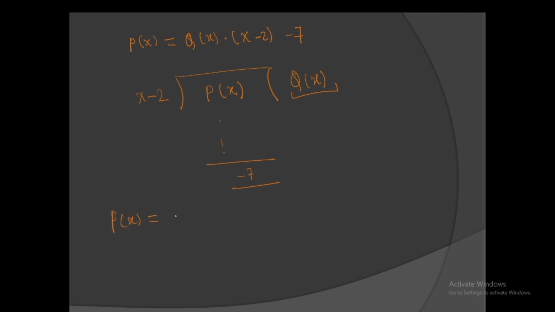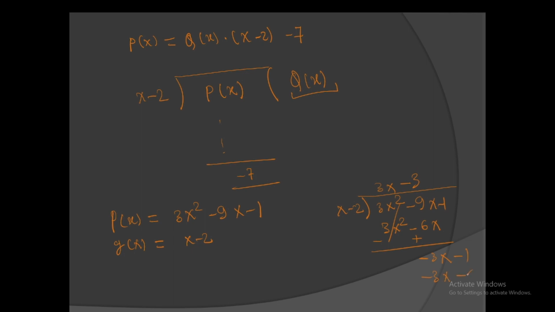Our p of x was 3x square minus 9x minus 1, and our g of x, which is basically the divisor, is x minus 2. So dividing x minus 2 into 3x square minus 9x minus 1, plus 6 and subtracting.